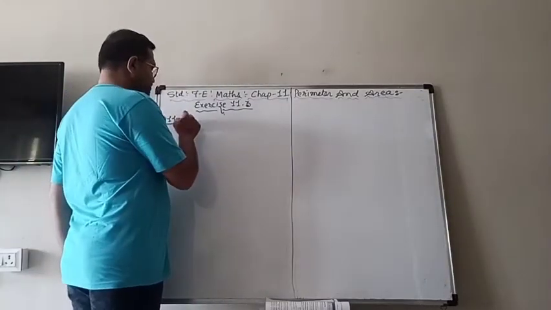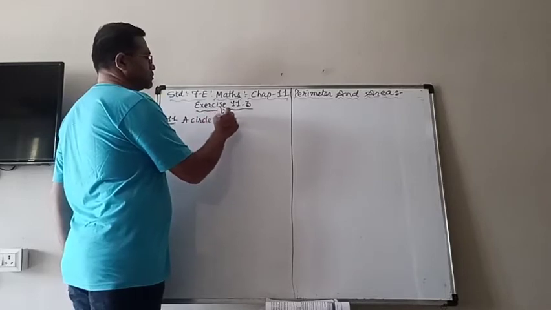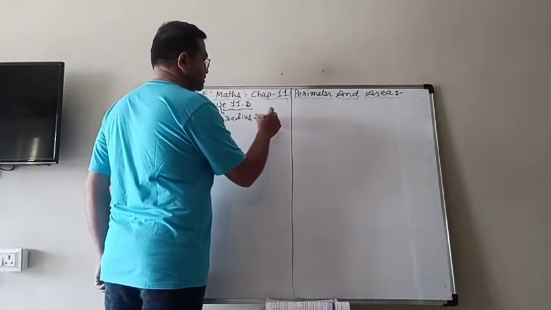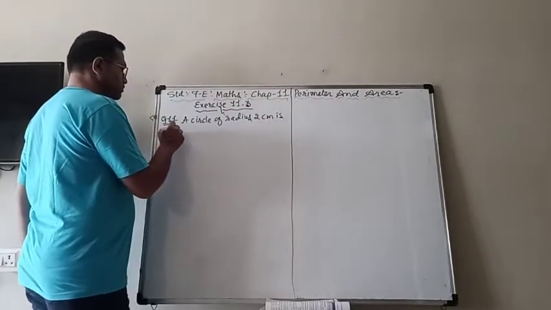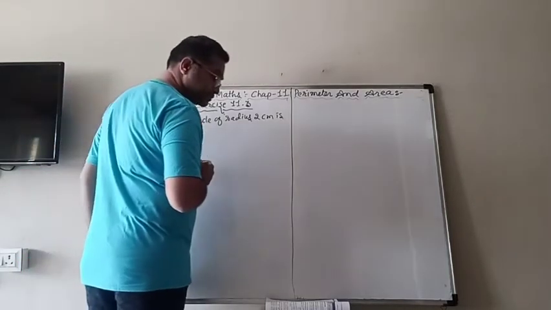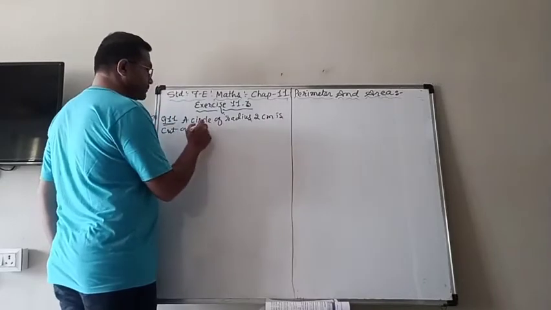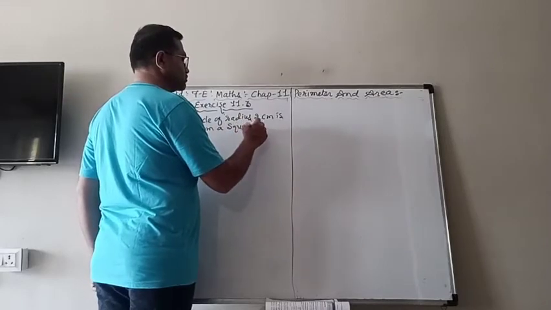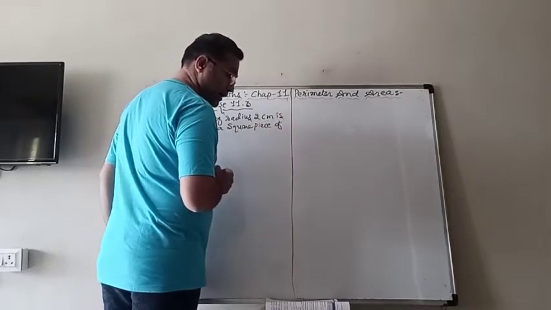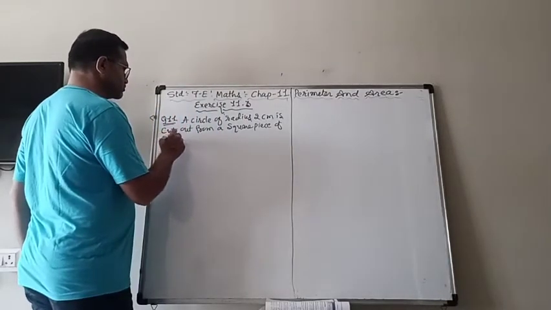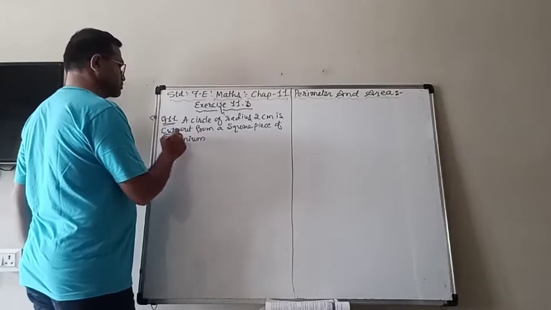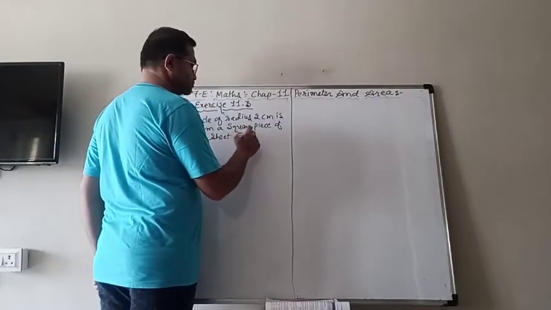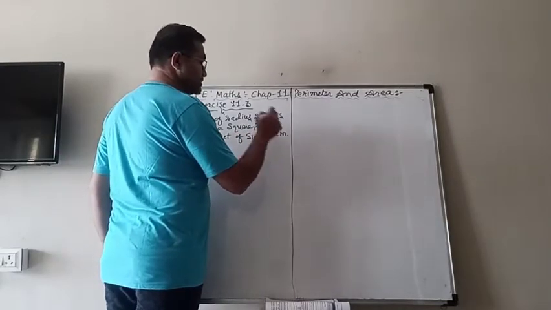A circle of radius 2 centimeter is cut out from a square piece of aluminum sheet of side 6 centimeter.